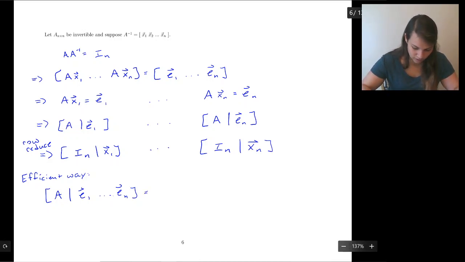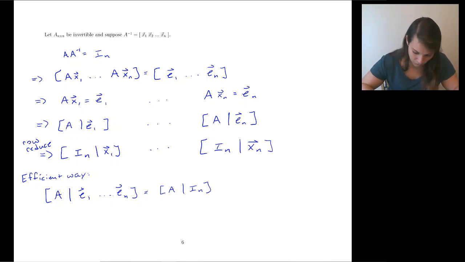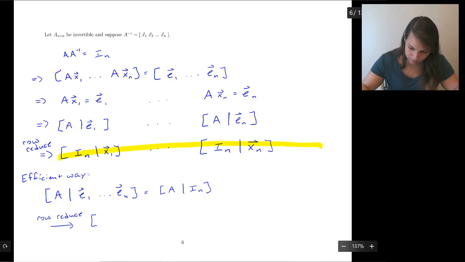So then this is just, remember what the E's are. They're just the identity matrix. So then when we row reduce, remember we get to this here, which is going to be I on the left side.